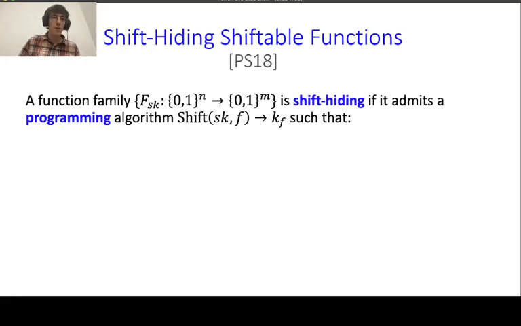So a function family, capital F, indexed by a secret key sk, is shift-hiding if it satisfies some kind of programmability property. The property is that there's this algorithm shift, which takes the initial secret key for the PRF and a function f and outputs some shifted key, k sub f, such that the following two properties hold.